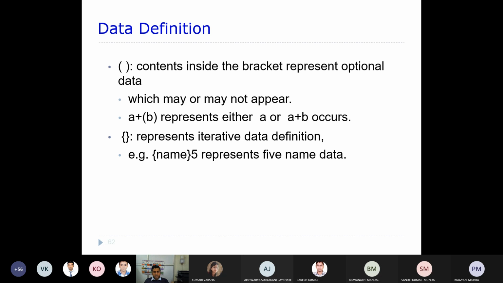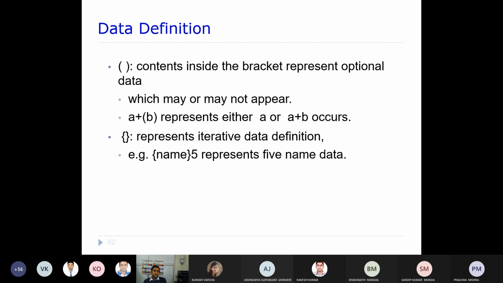Whenever you want to give instances, iterative sort of things, you can have a data item within the curly bracket, and outside, the number of times that you are going to iterate the data definition can be written by giving a number. For example, name within the curly bracket and outside 5 represents 5 name data.